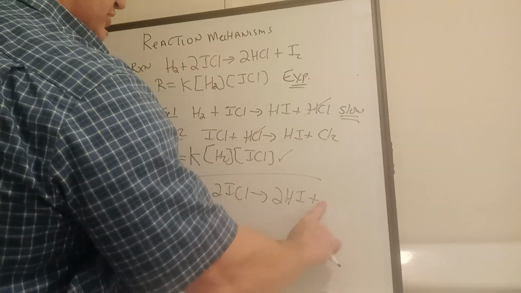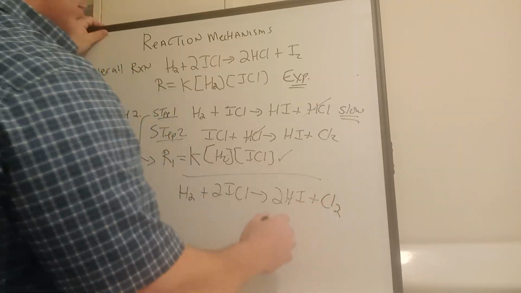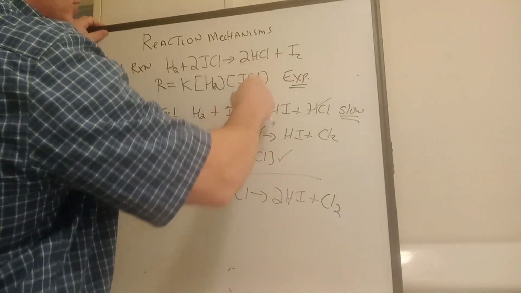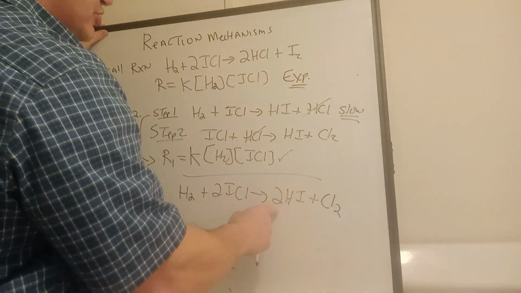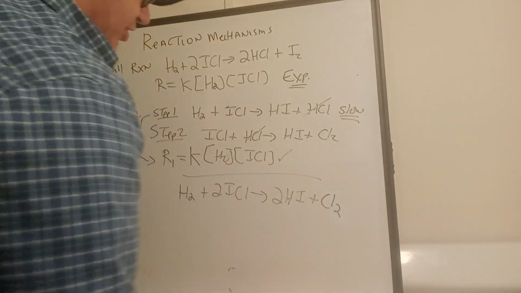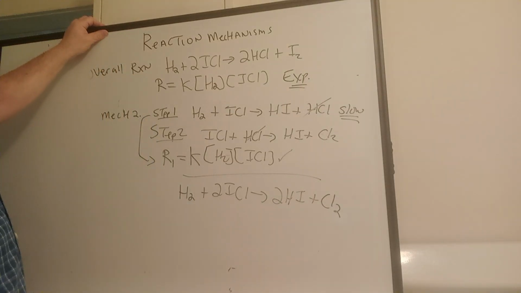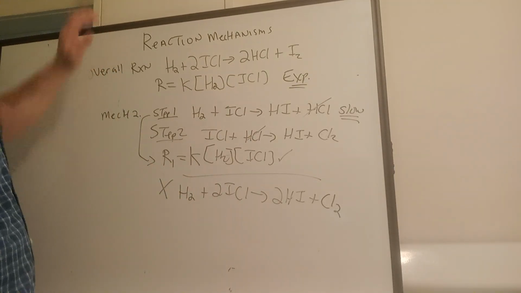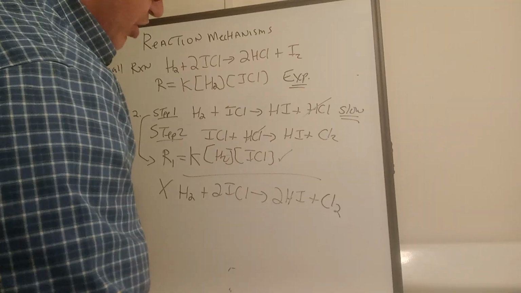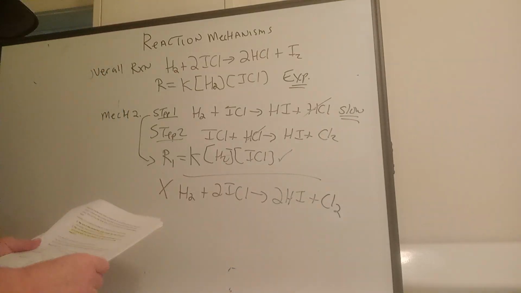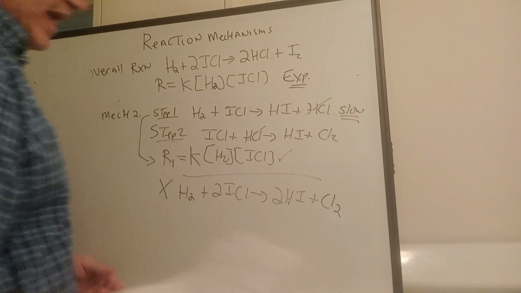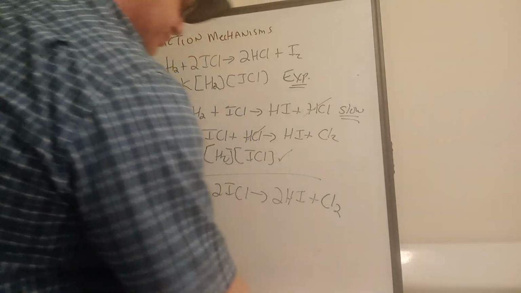Excuse me, when I add these together, this will be a Cl2. Still isn't right. Instead of 2HCl and I2, we got 2HI and Cl2. So it's not the same. Add them together and show that, so it doesn't pass that test. Mechanism 2 started off pretty good, ended up not looking too good. So I would not consider that, from this information, to be a good candidate for a mechanism.